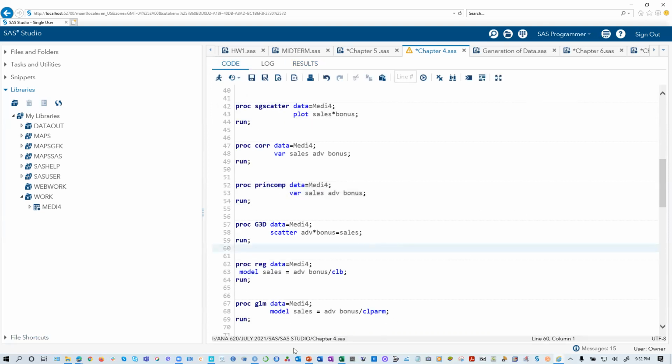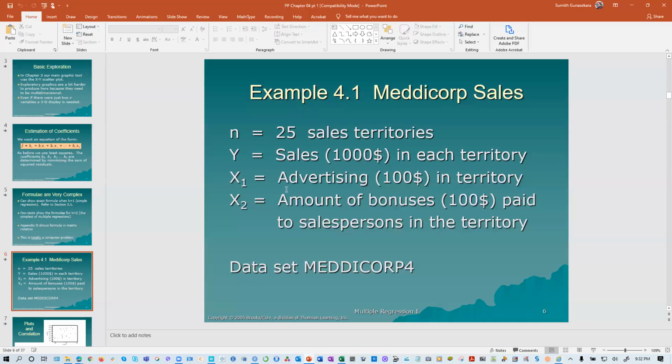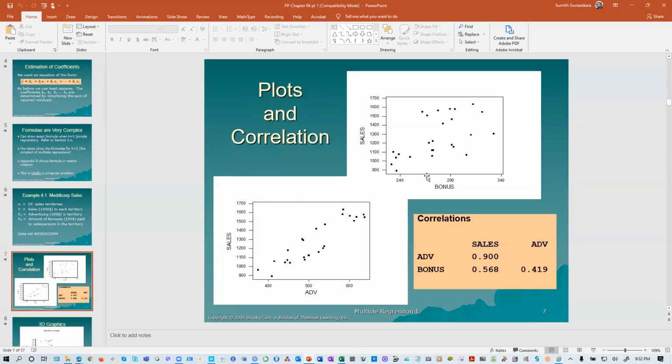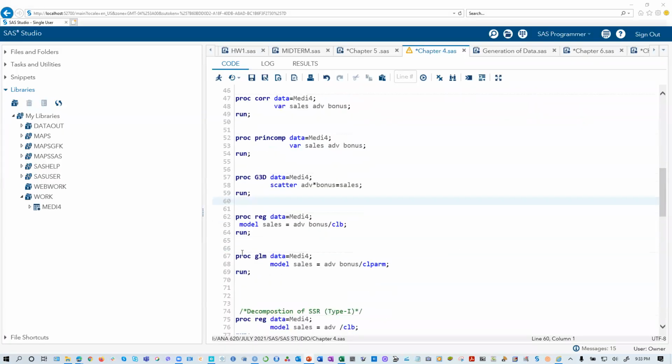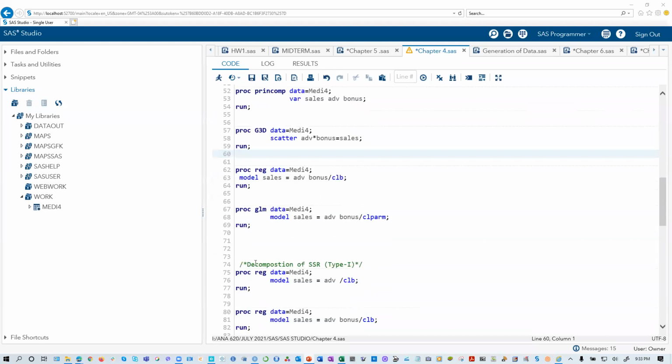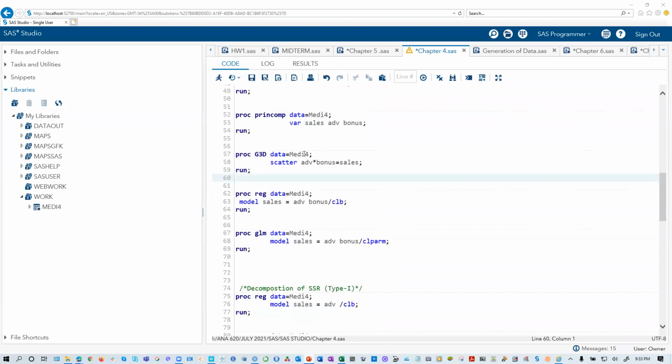Now we are really interested in this one. Rather than sales versus bonus or sales versus advertising, which you saw, I need the three-dimensional one. I want sales drawn against advertising and bonus at the same time. How are you going to do that? You go to G3D, scatter plot, advertising and bonus go on X, X1 and X2.